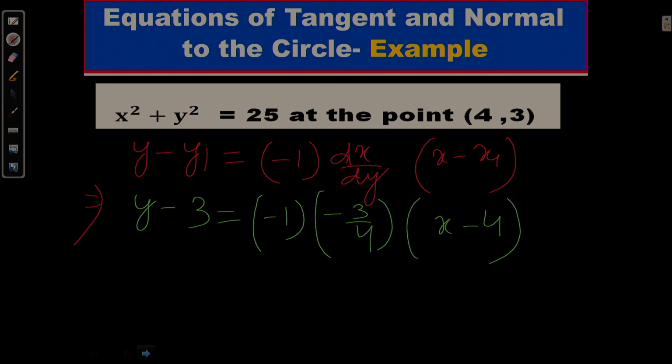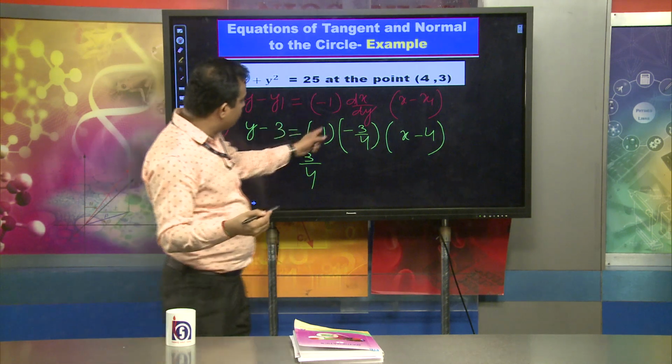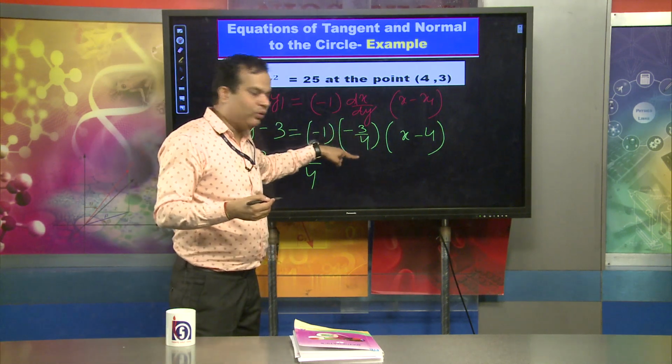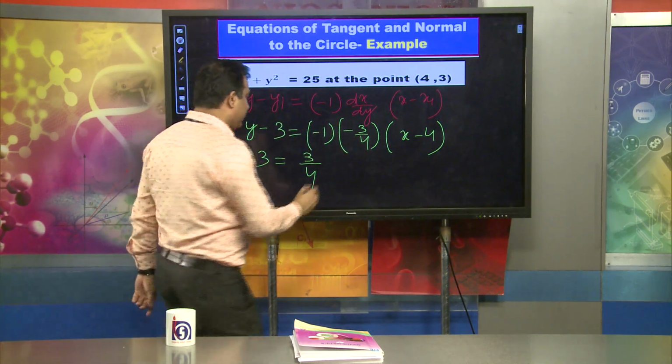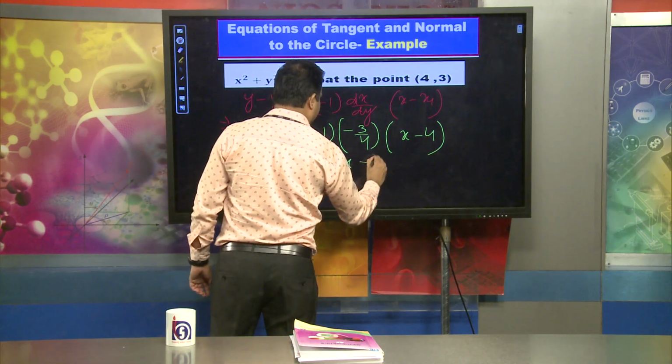When you simplify, you get y minus 3 equals 3 by 4, because minus 1 times minus 3 by 4 gives plus 3 by 4, into x minus 4.